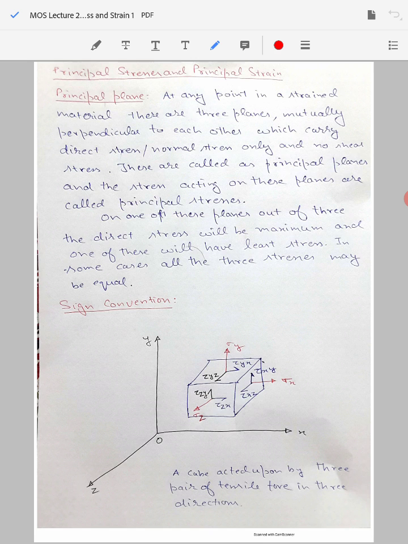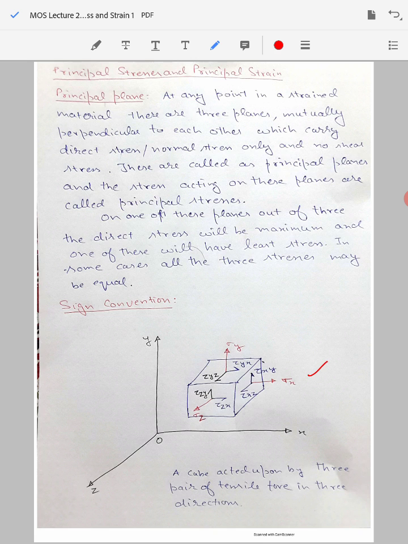What you see here is a coordinate axis of xyz. The origin is shown to you. Within the strained material you are seeing a small cube-like portion. On the planes, the stresses acting perpendicular to the different planes are the normal stresses, shown here in red.